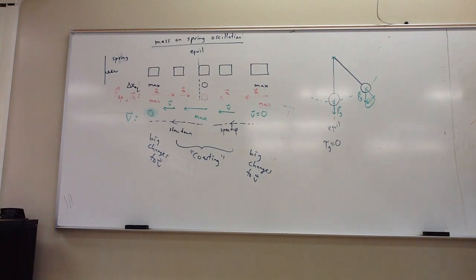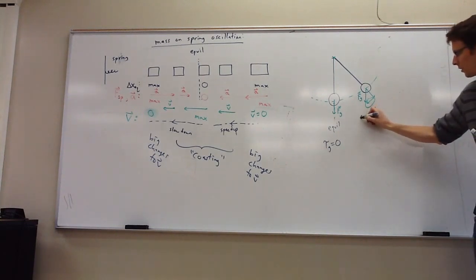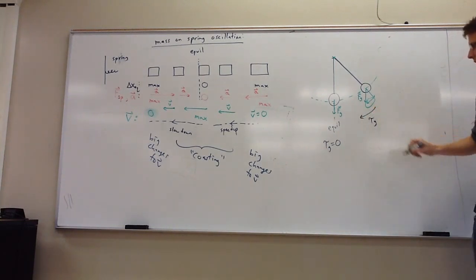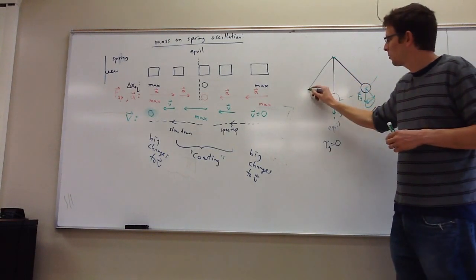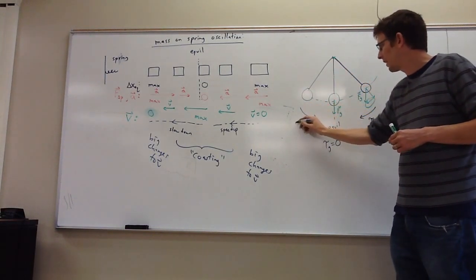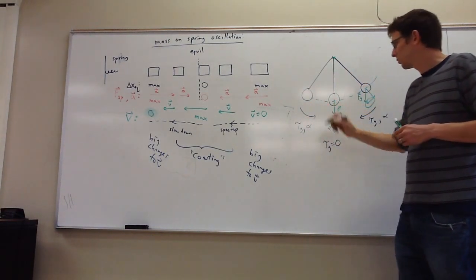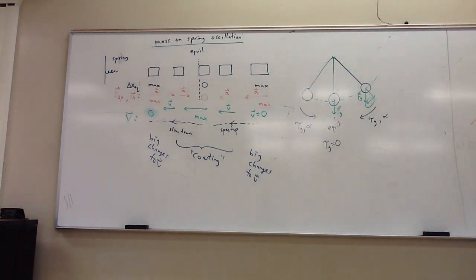We're going to get some torque. And the torque, not surprisingly, is back that way. And as goes the torque, so goes the angular acceleration. Likewise, if you take the pendulum over here, the torque and angular acceleration are toward the middle again.